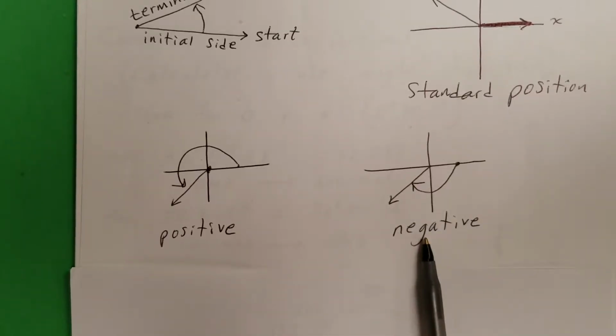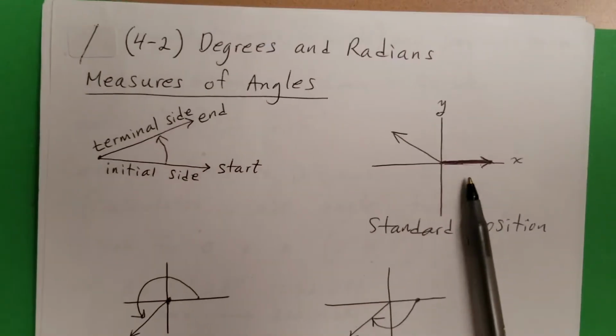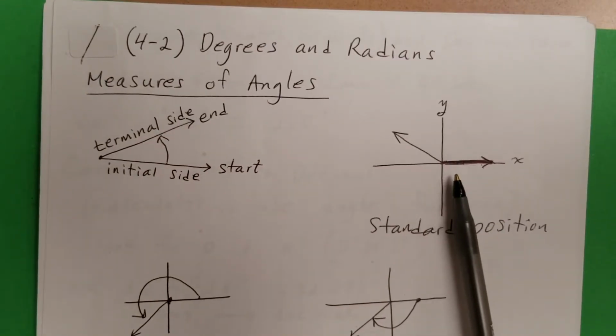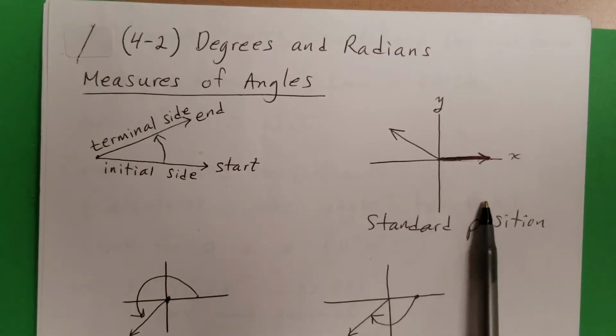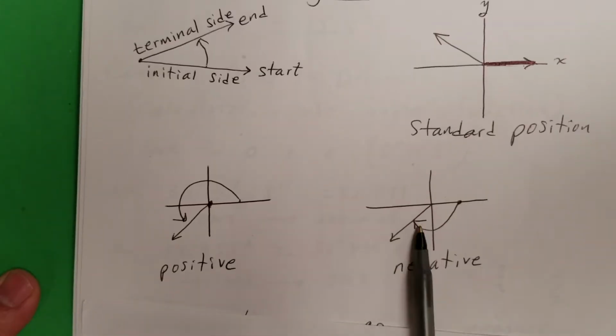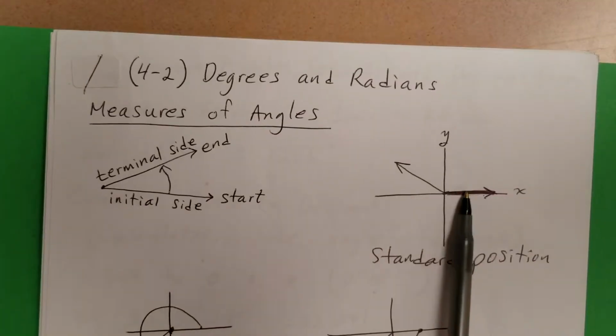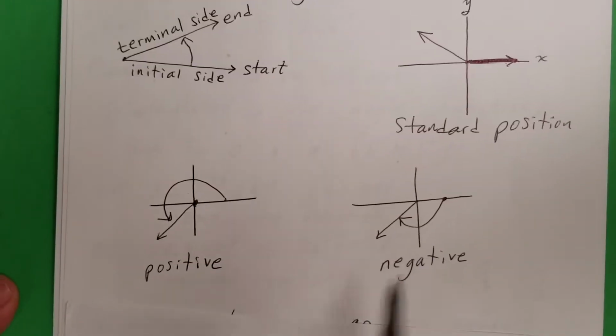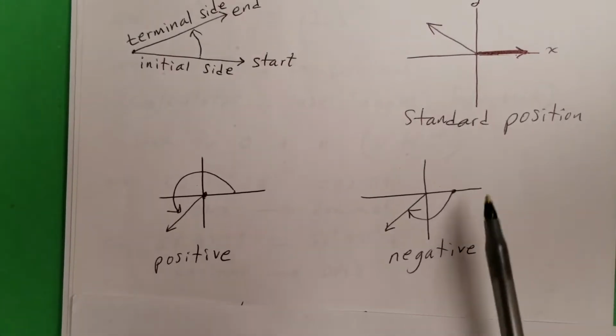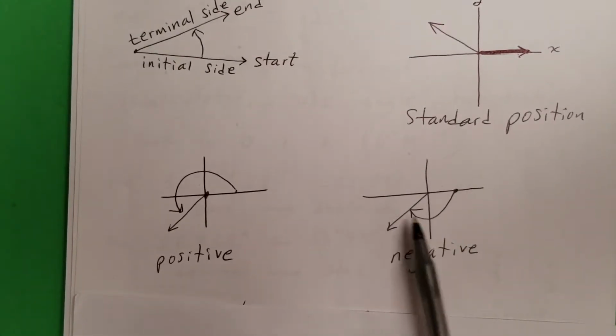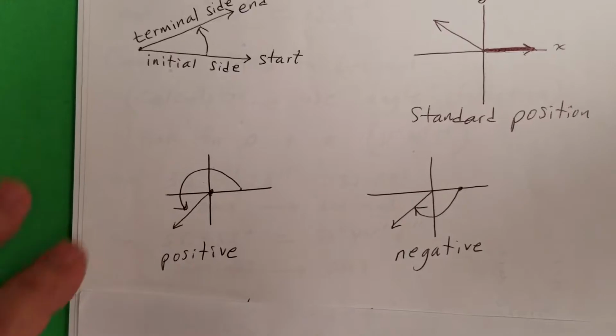So how would you know, for this angle, if it's positive or negative? Well, it would either be written down somewhere, or you'd have these little arrows. If the arrow was here, then we're talking about the positive angle. If the arrow was going this way, like this one, we'd have the negative angle. So anyway, opening clockwise is the negative angle.